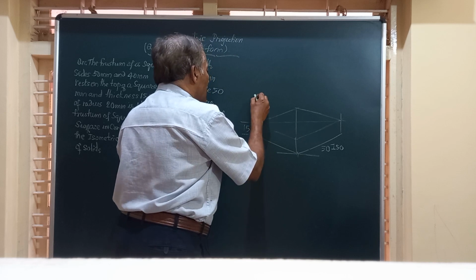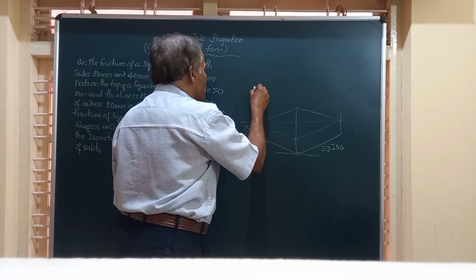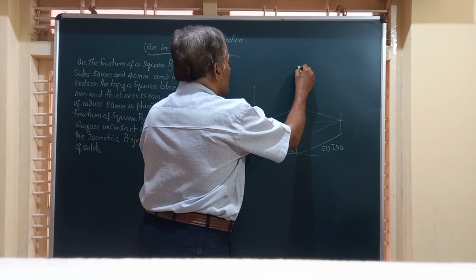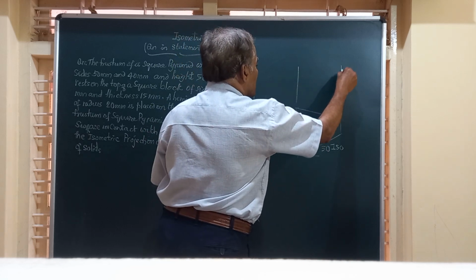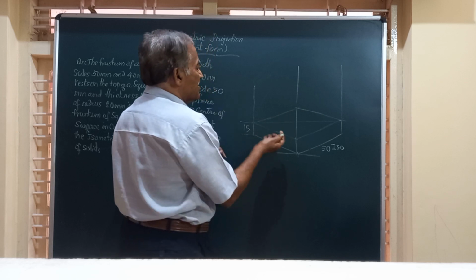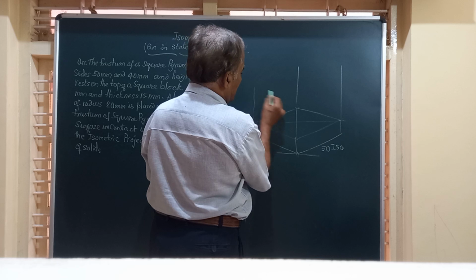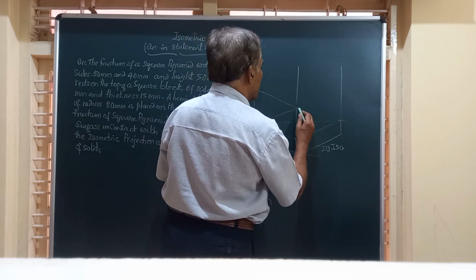I will extend all these by 50 height. So let me extend 15 height from here, 50 mm height, again 50 from this. So I extended all these by 50 millimeter. Now friends, I will form the top surface of that. It will be something like this.